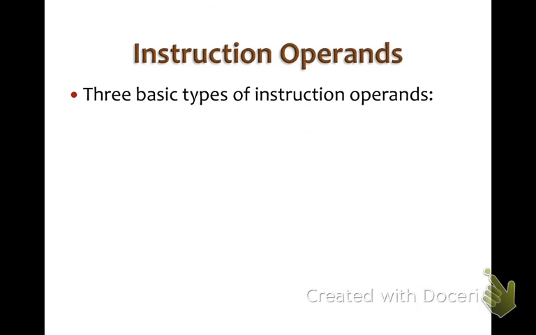All right. So we've talked about opcodes, or at least instruction formats as far as opcodes are concerned. When we talk about operands, there are 3 different types of instruction operands. There are constants or immediate values.